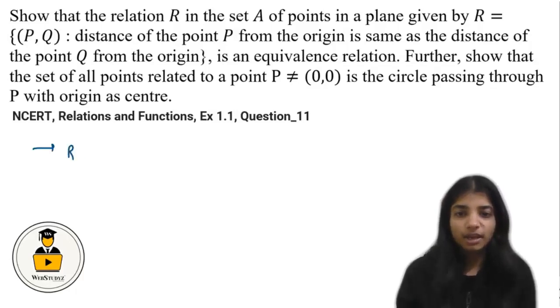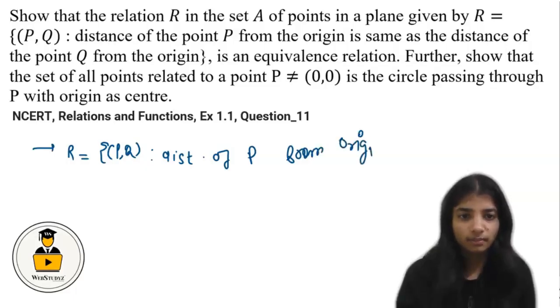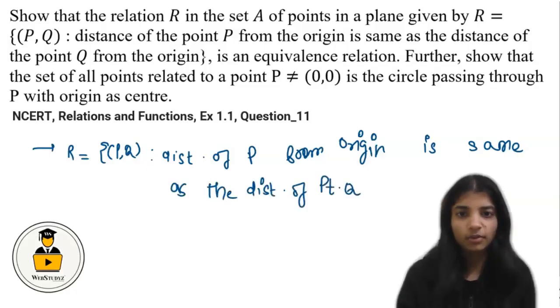So basically here we are given the relation R, which is (P, Q), such that the distance of point P from the origin is the same as the distance of point Q from the origin.